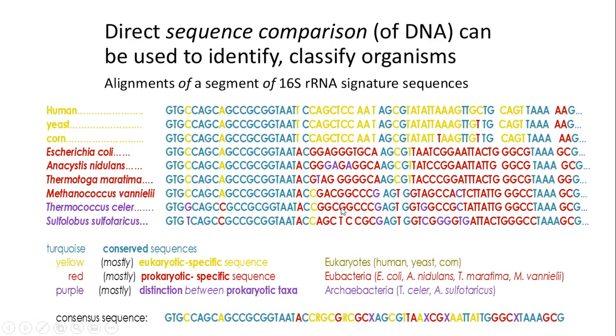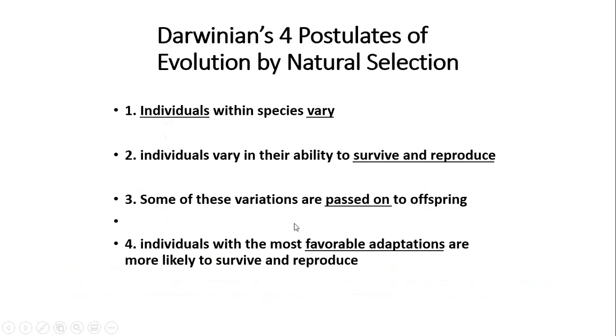Most of these stay down in the prokaryotic area, E. coli and below, but you still have some of the red jumping up into some of the eukaryotic organisms. So you can see that they're related, and if you figure out how many base pairs they have in common, you can figure out how closely related they are.